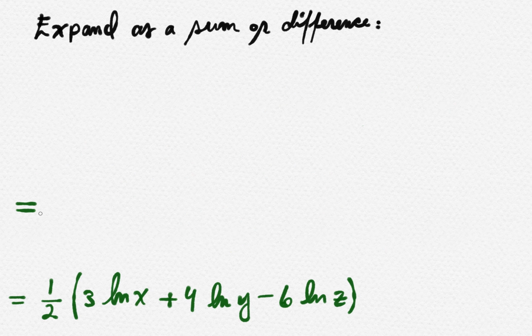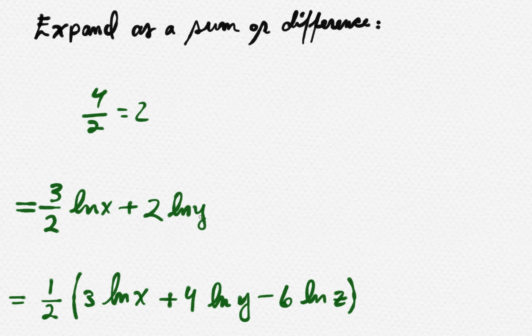And then finally, we can multiply through by 1/2 to each term. It's 3/2 log x plus 4/2, or 4/2 is 2, so 2 log y. And then minus 6/2. 6/2 is 3. So minus 3 log of z.